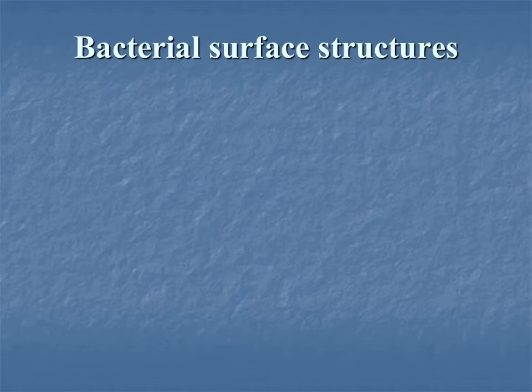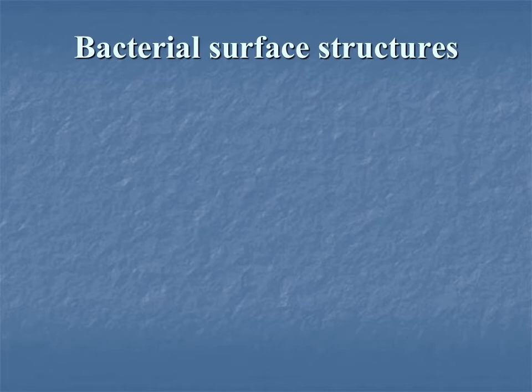And bacterial surface structure, or morphology of bacteria. You can see that bacteria have an envelope, and this bacterial envelope contains the cell wall and plasma membrane. On the cell wall are situated flagella, there are 3 flagella on this scheme.